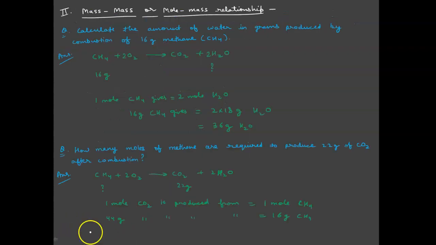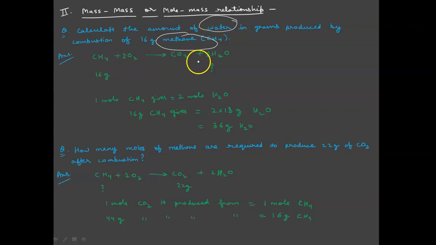Now, second, mass or mole-mass relationship. We have the question: calculate the amount of water in gram produced by combustion of 16 gram methane. In this we have water and methane. First of all, we will write the combustion of methane. Combustion means reaction with oxygen.